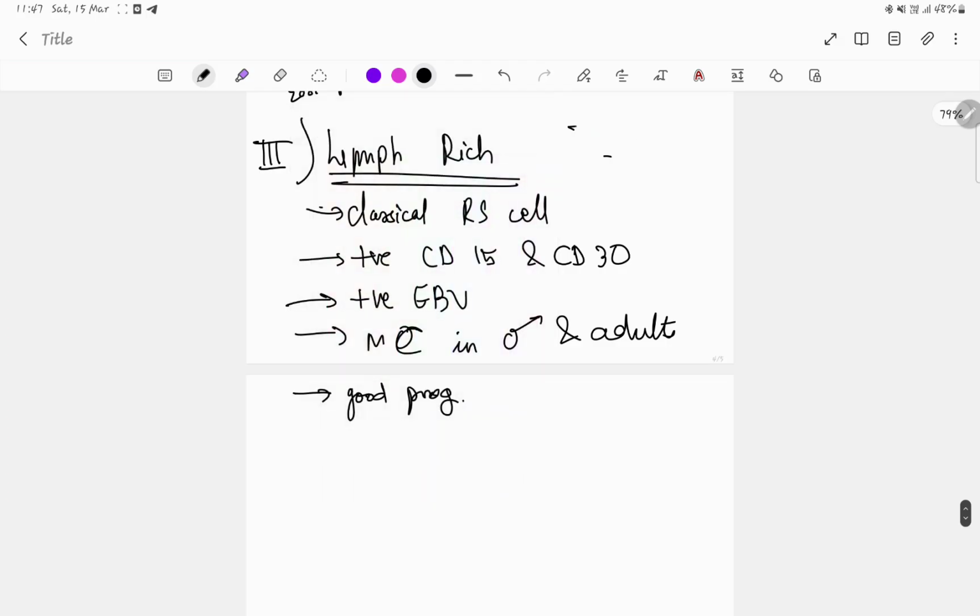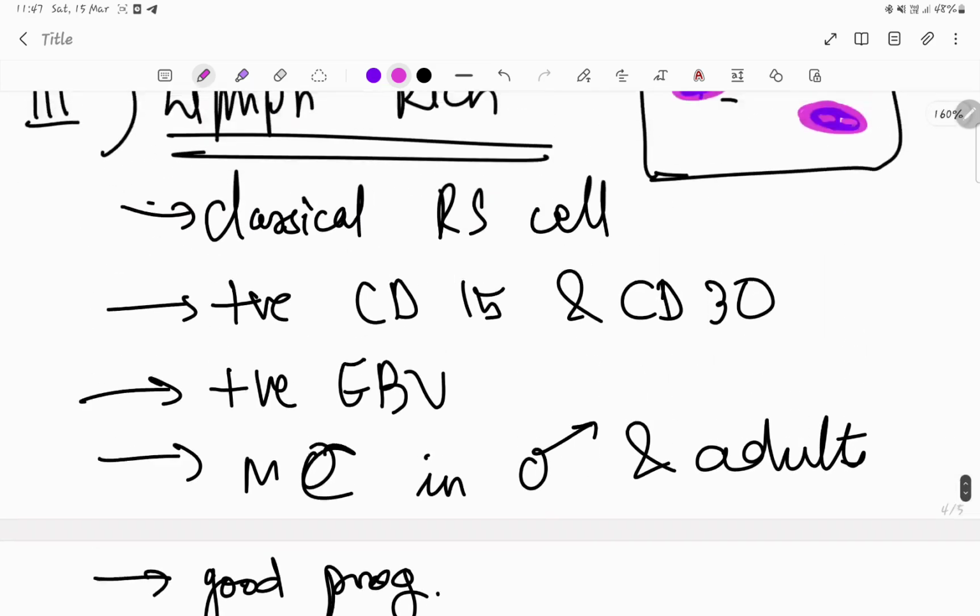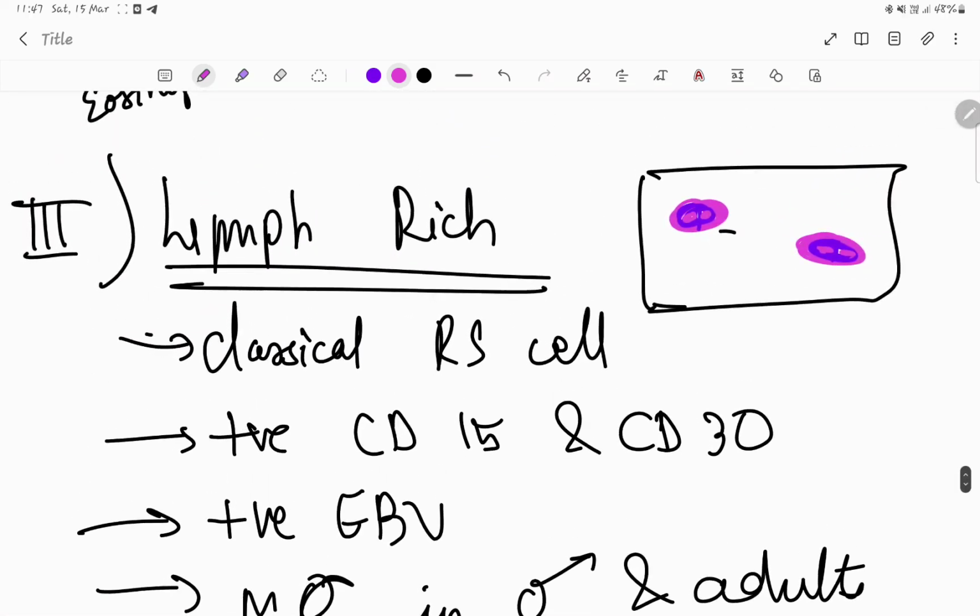How does it look? If we see the histology slide of it, we will see the presence of classical RS cells, the owl eye appearance, and a lot of proliferating lymphocytes, because it is lymphocyte rich. So there are a lot of lymphocytes all around.